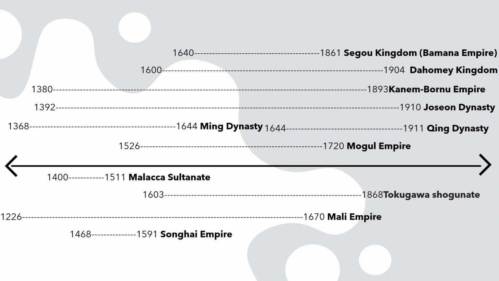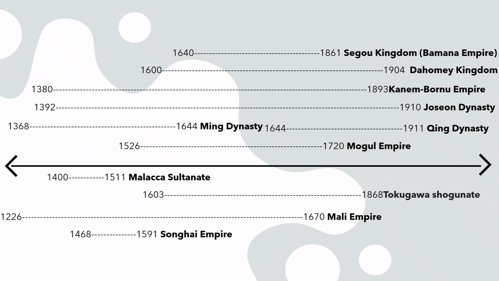Before we get started, I wanted to give you this visual aid, which is a timeline that places the various kingdoms and empires that we have talked about so far and will be talking about in this lecture. You can see how these empires are overlapping and intersecting time-wise, and in some cases, of course, interacting with each other.